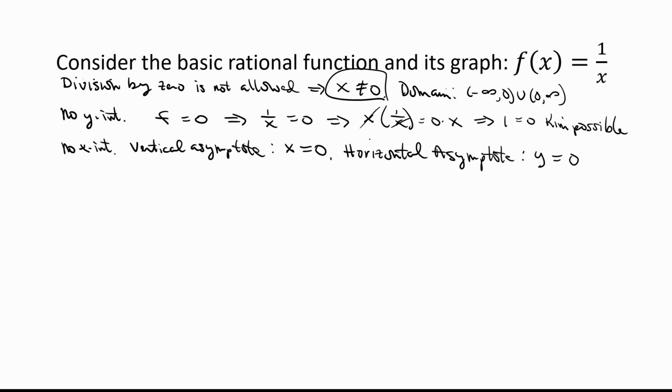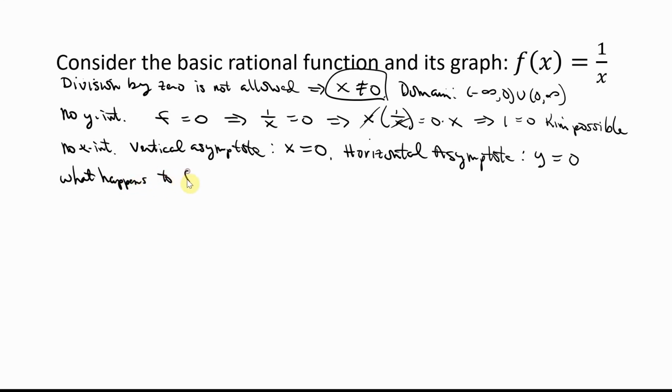What happens when x goes to infinity? Well, 1 over x goes to some horizontal asymptote, if it exists. And here, this horizontal asymptote would be 0.